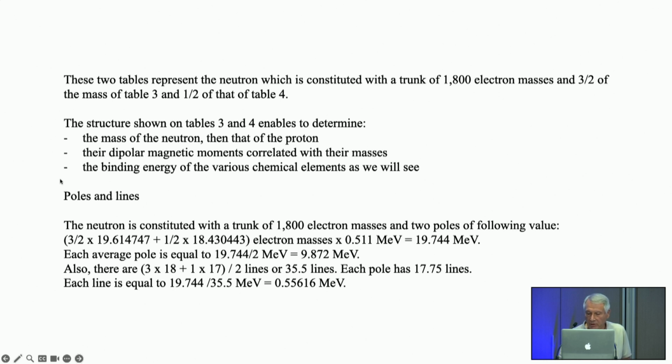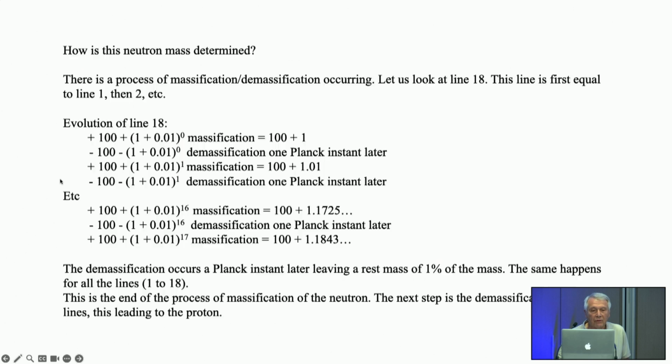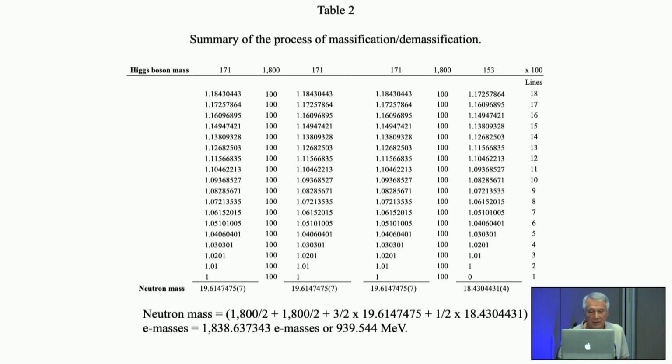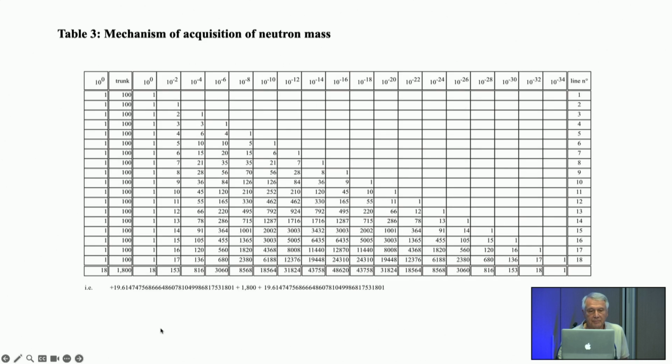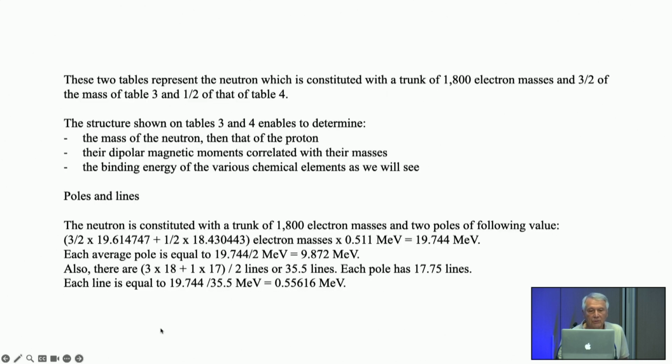What is also important is to see that there are some poles and lines I will detail. The neutron is then constituted with a trunk of 1,800 electron masses and 2 poles, in fact 4 poles divided by 2, which are determined in the following way after this calculation.